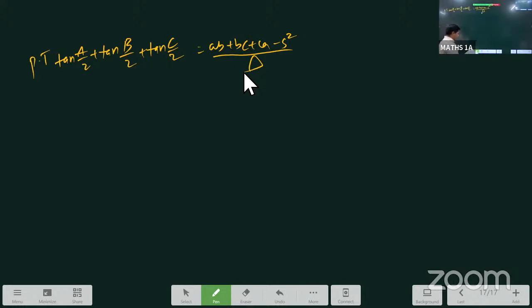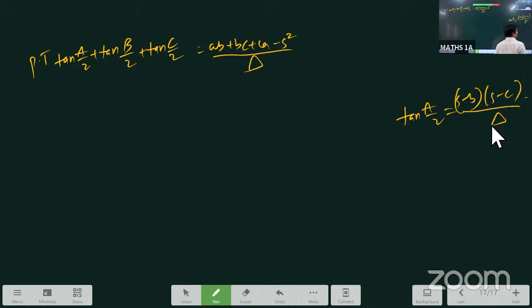Now, tan A by 2, we are having a formula. Tan A by 2 is nothing but (S minus B) into (S minus C) by delta. This is the formula you are going to write for tan A by 2. Is it clear?